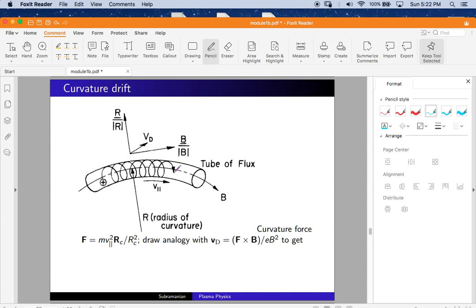Now the guiding center, you can think of it as experiencing a centrifugal force like this.